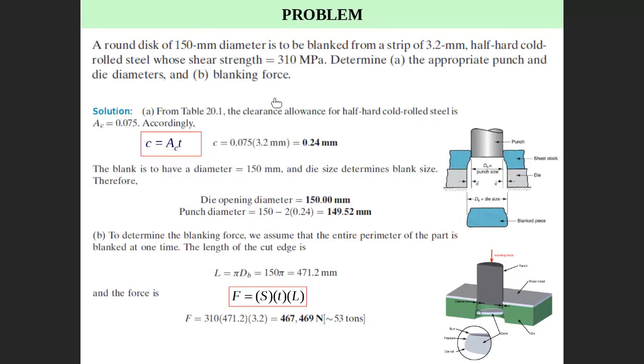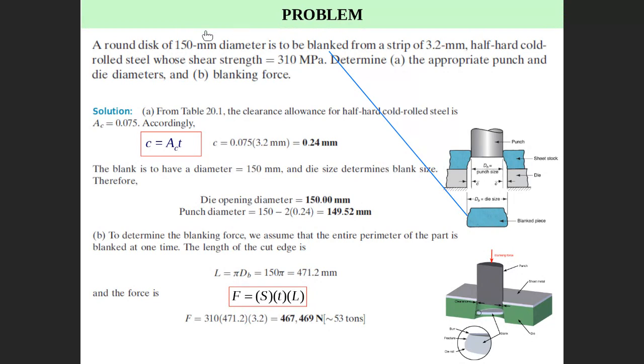Let's read together and understand. A round disc 150 millimeter diameter is to be blanked from 3.2 millimeter sheet of half cold rolled steel, whose shear strength is given.